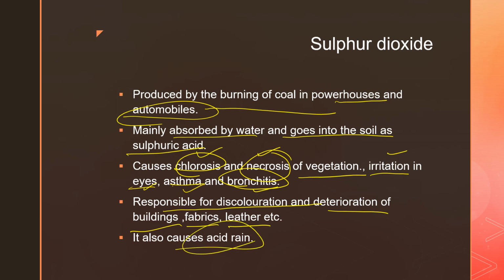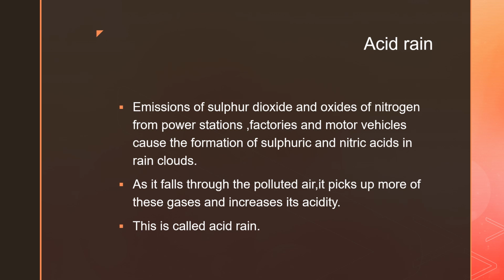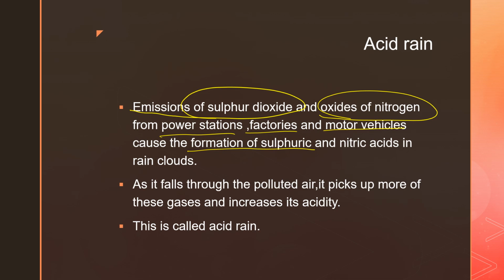Now let us see what acid rain is. Generally, the emissions of sulfur dioxide and oxides of nitrogen from power stations, factories and motor vehicles cause the formation of sulfuric acid and nitric acid in rain clouds.